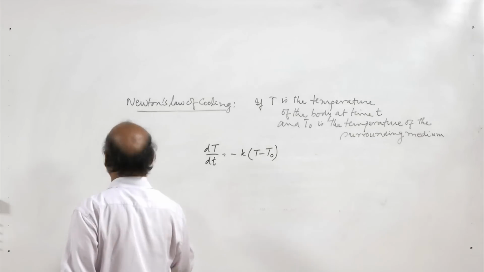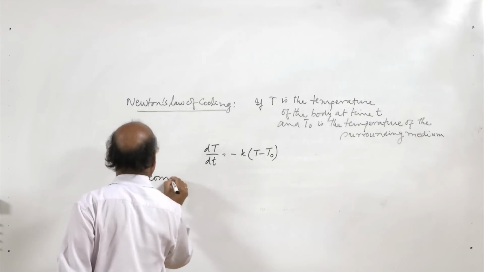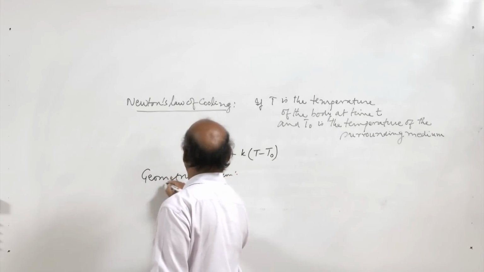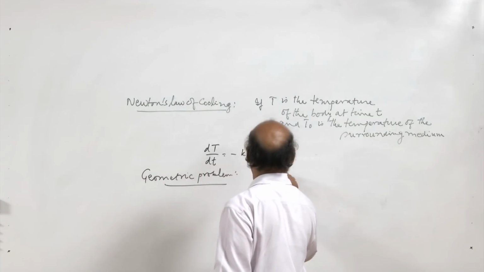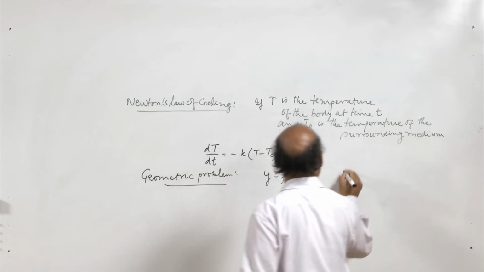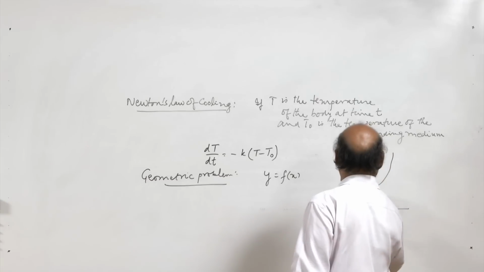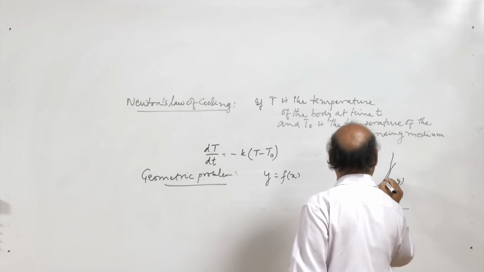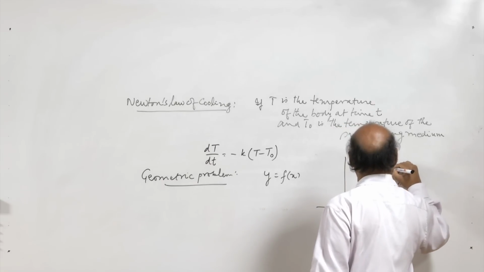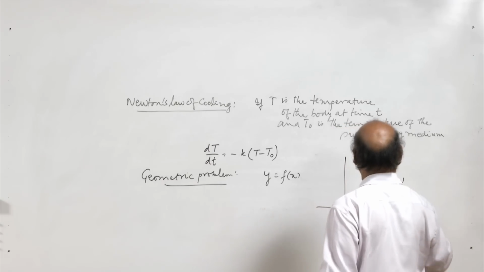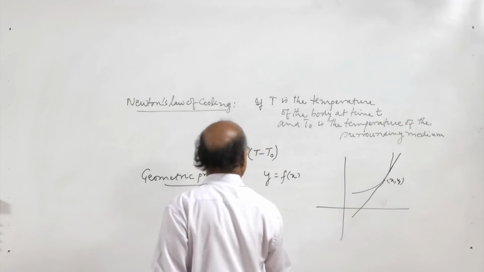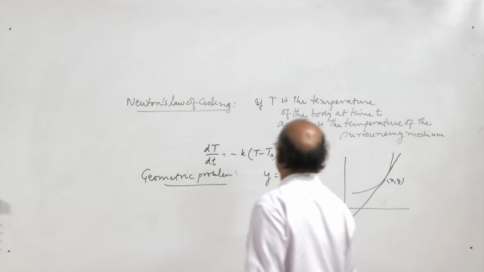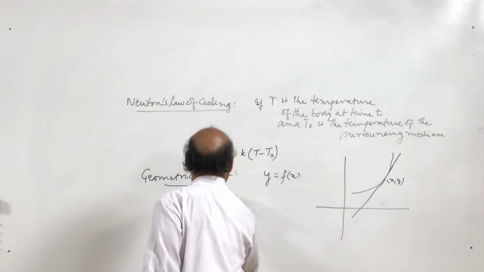Now let us look at some geometric problems. Let us consider a function y equal to f(x) at a point (x, y). Let us say the slope of the tangent to the curve at the point (x, y) is twice the sum of the coordinates x and y.